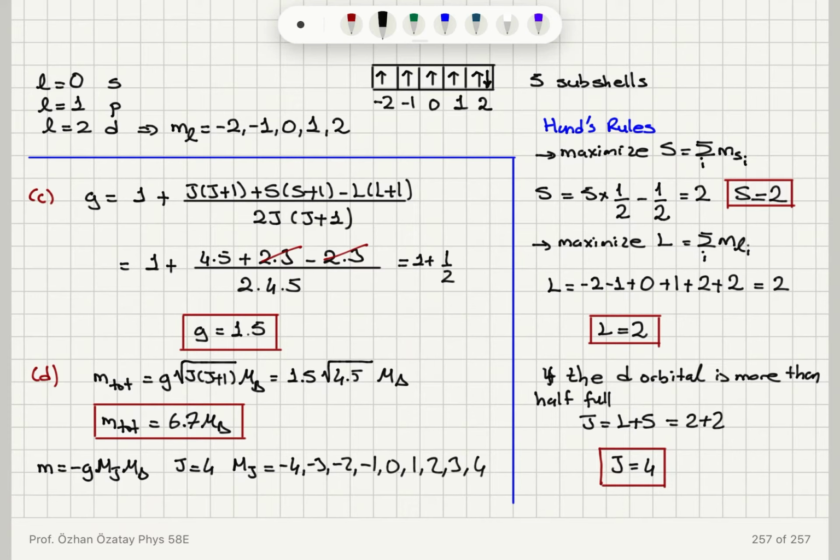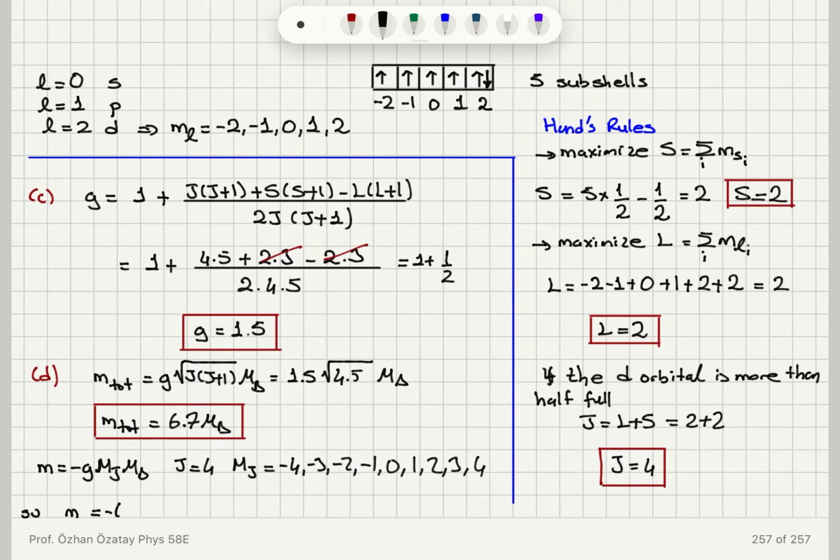These are the possible values. So for M, we have M sub J times g, so 4 times 1.5 is 6, so 6 Bohr magneton.